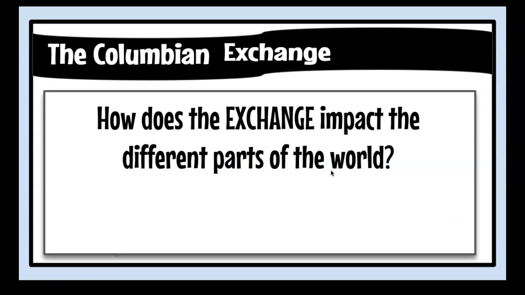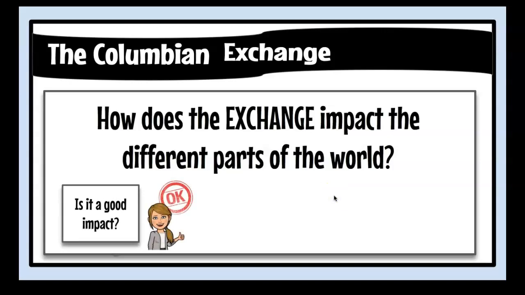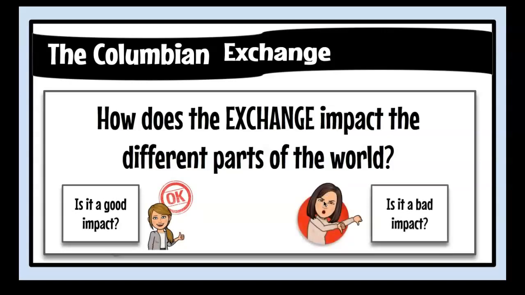As we go through them, I want you to think in the back of your head: was the Columbian Exchange an overall good impact on the world, or were the negative impacts too much and it really had an overall bad impact on the world? So as you're learning about the things that were transferred back and forth between the Old World and New World, keep that question in mind.